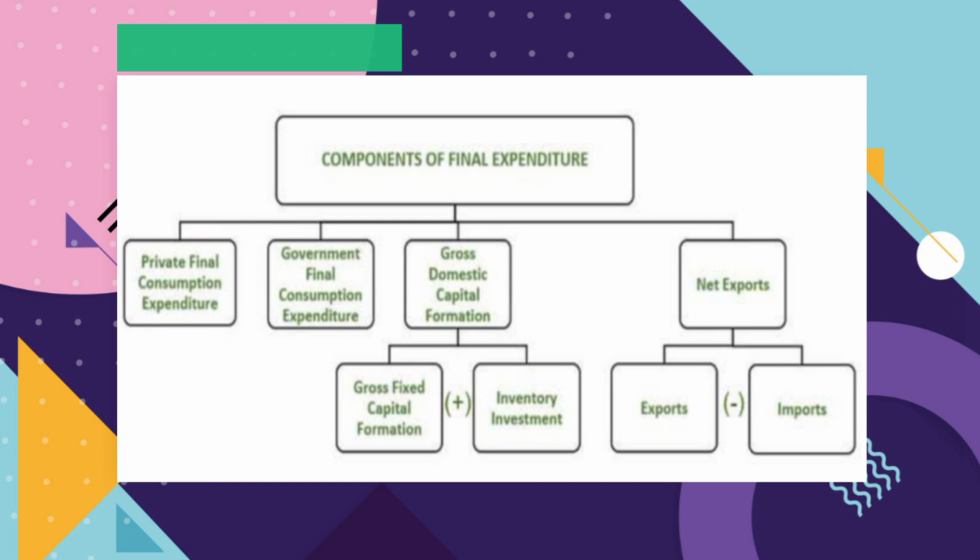This is a flow chart for better understanding of the components of final expenditure: private final consumption expenditure, government final consumption expenditure, gross domestic capital formation, which consists of gross fixed capital formation and inventory investment, and the last one is net export, which is export minus import.